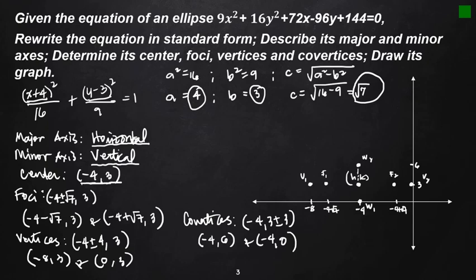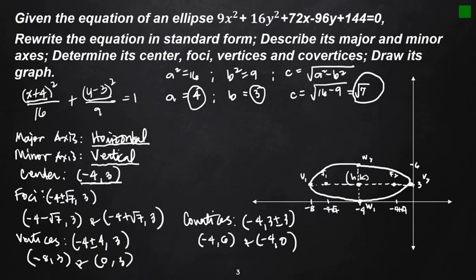So this is our minor axis, and this one here is our major axis. Let's connect the points with a smooth curve to finally illustrate our ellipse. So this is how our ellipse looks like.